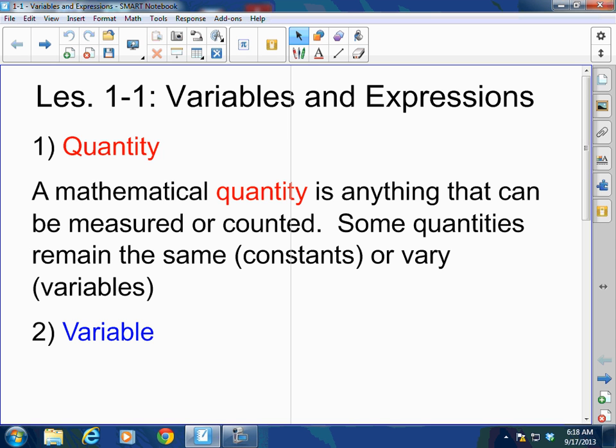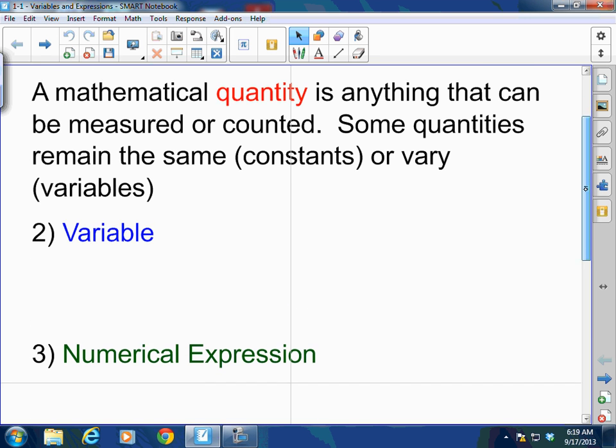The number of cars in the driveway, that's a quantity. The number of toes that you have, that's a quantity. The amount of money you have in your wallet, that's a quantity. The amount of money you make per year, that's a quantity. The number of slices of pizza you eat, that's a quantity. Anything that can be measured or counted. 7 inches, that's a quantity. 12 feet, that's a quantity.